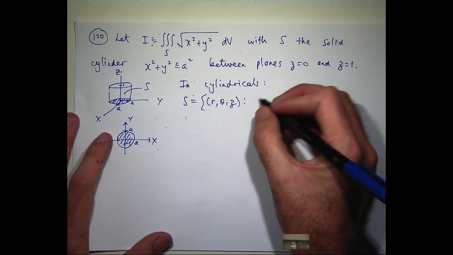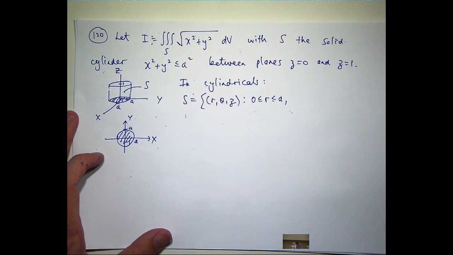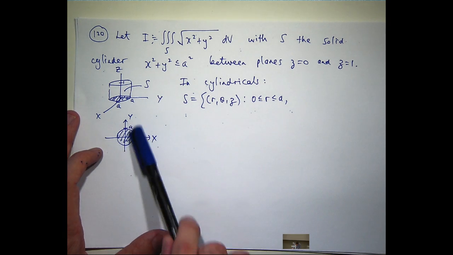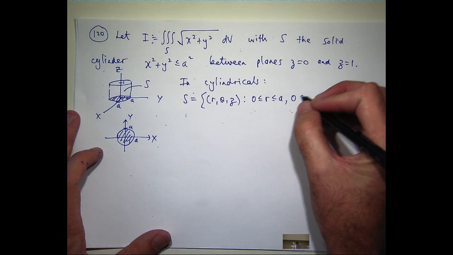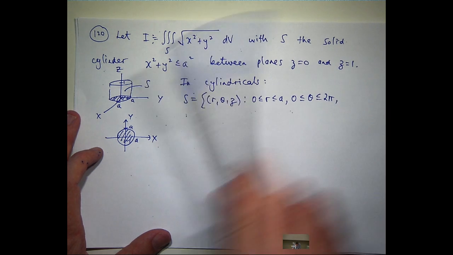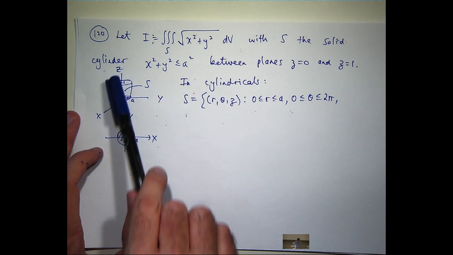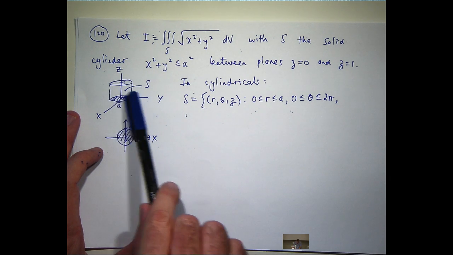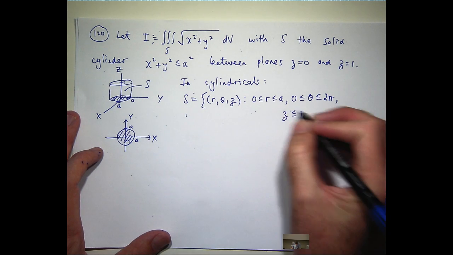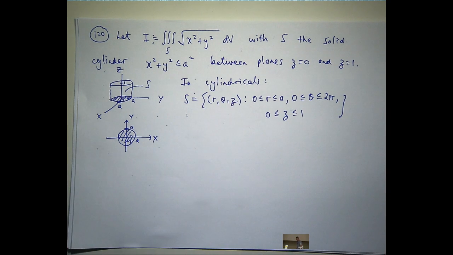Well, r is between 0 and a, where a is just some constant. To trace this out, theta is going to be between 0 and 2 pi. And what are the surfaces bounding our z? Just constants, 0 and 1. That's it.